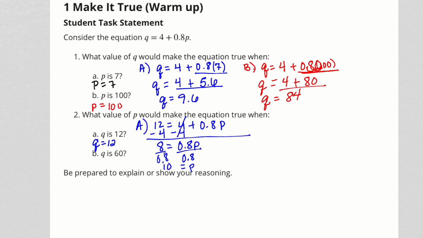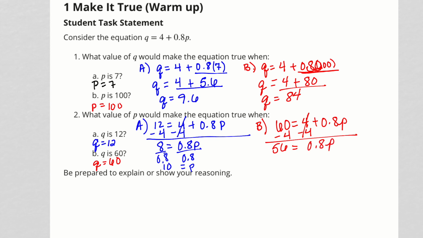All right, we're going to do this again. For B, we're going to have Q equals 60. So for B, we'll have 60 equals 4 plus 0.8 P. Again, this first step is subtracting 4 from both sides, so we're getting rid of the 4 on the right side of the equal sign. 60 minus 4 is going to be 56 equals 0.8 P. Then we're going to divide by the 0.8.